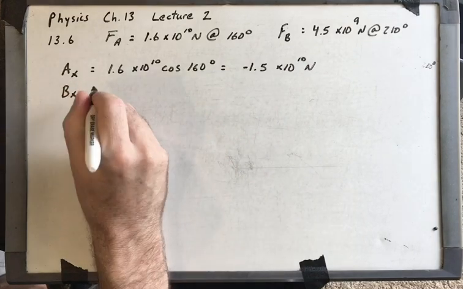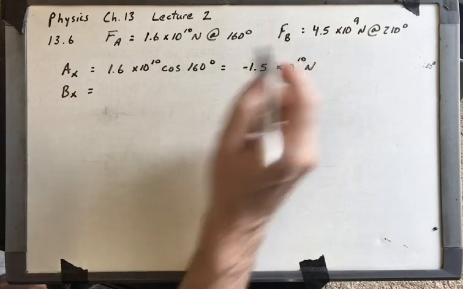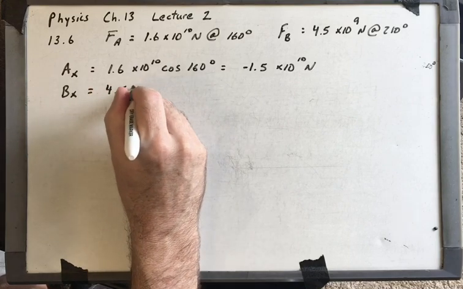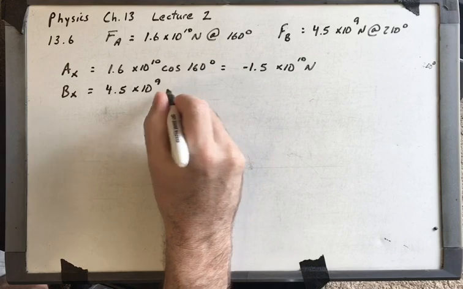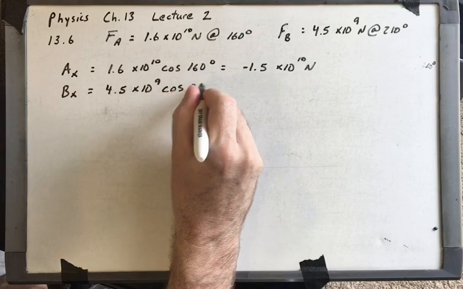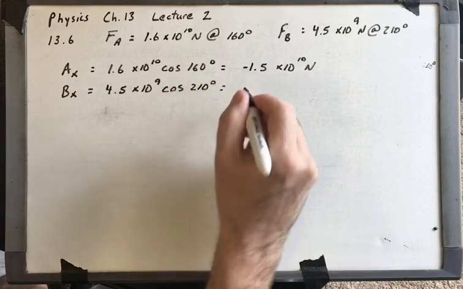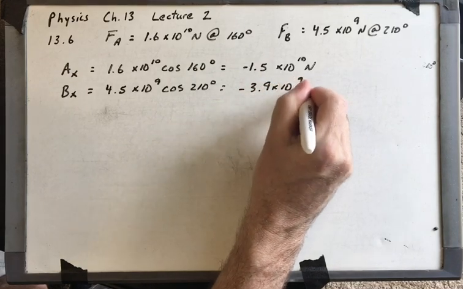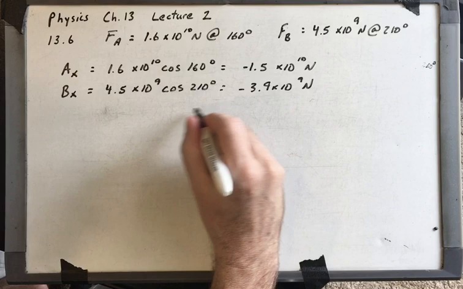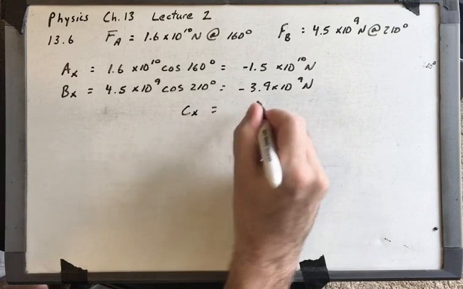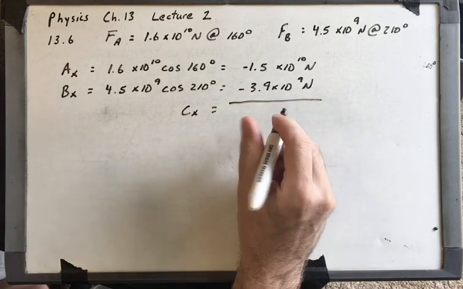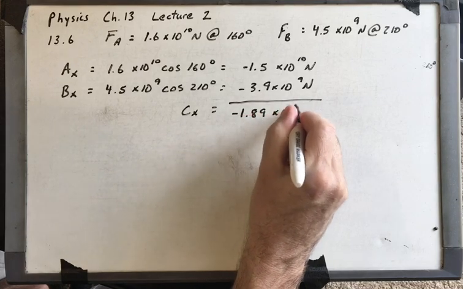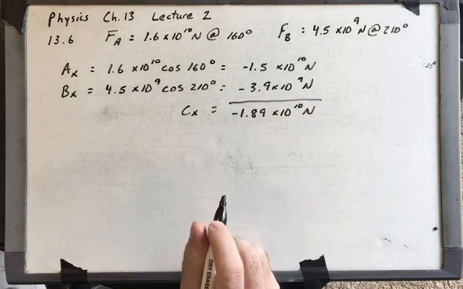And the x component of vector B, 4.5 times 10 to the 9th newtons, times the cosine of 210 degrees. And that's negative 3.9 times 10 to the 9th newtons. So to get C sub x, we add those two together and get negative 1.89 times 10 to the 10th newtons.